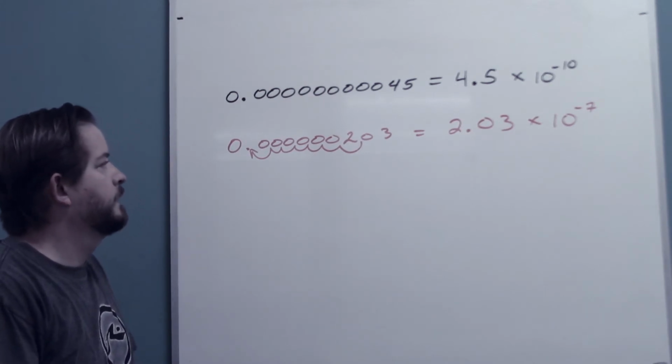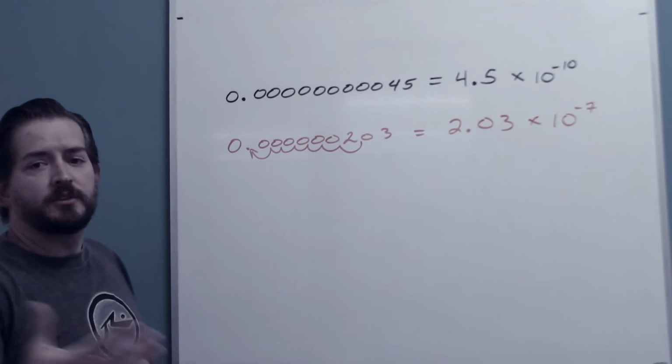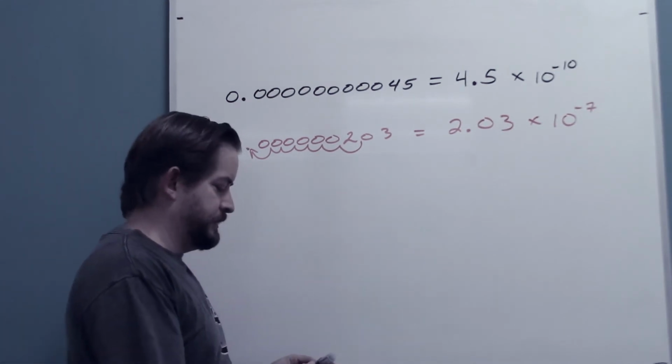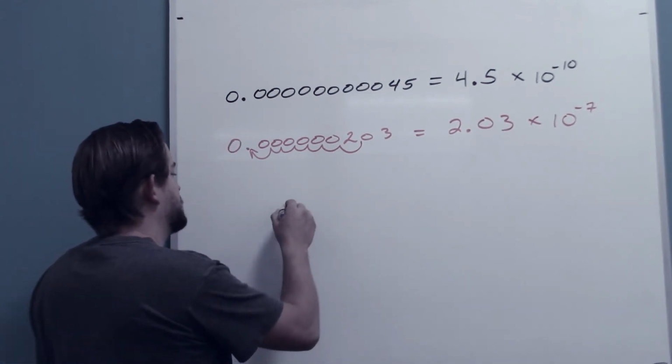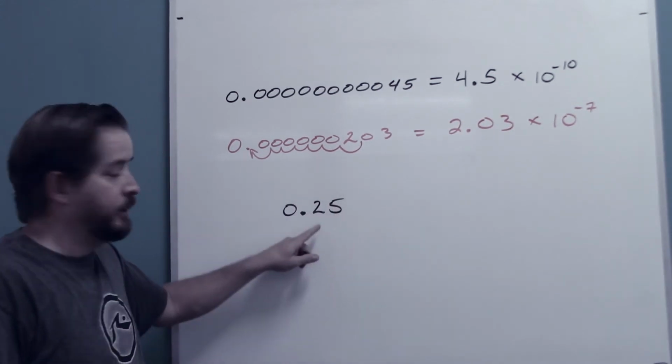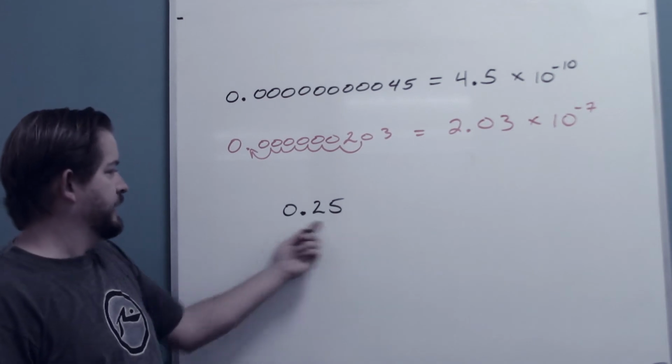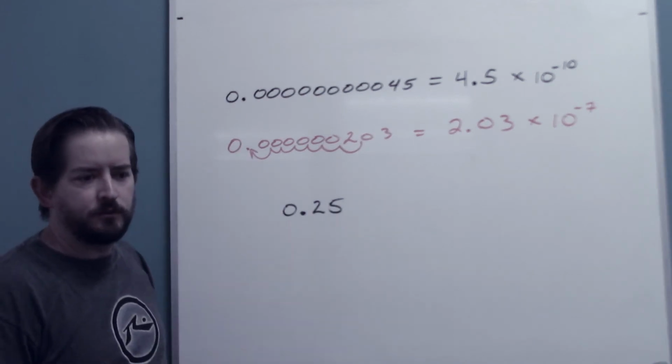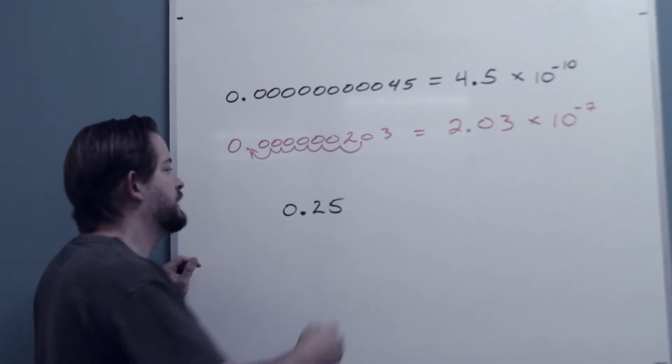Okay. So that's our very small numbers, and again, it's limited in its usefulness. For example, if I had the number 0.25, you might recognize this as a quarter if you've done your fractions to decimals conversions. Right?